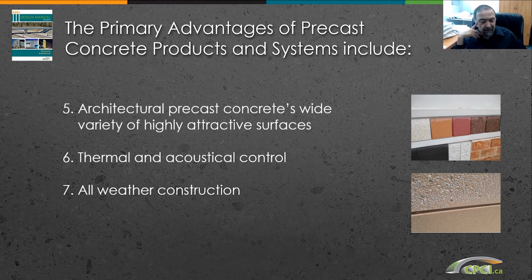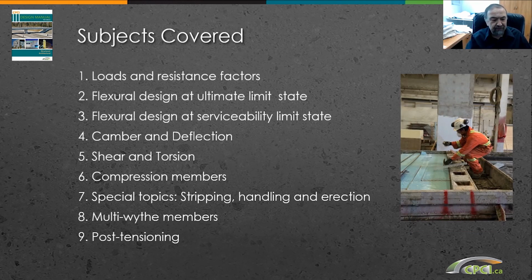The last two things I like to add are that precast is a much better element when it comes to thermal and acoustical control of buildings. And of course, because we live in a very cold country, precast is a major blessing because we can construct, erect, and produce 12 months a year, as opposed to any other material that we can use in construction.